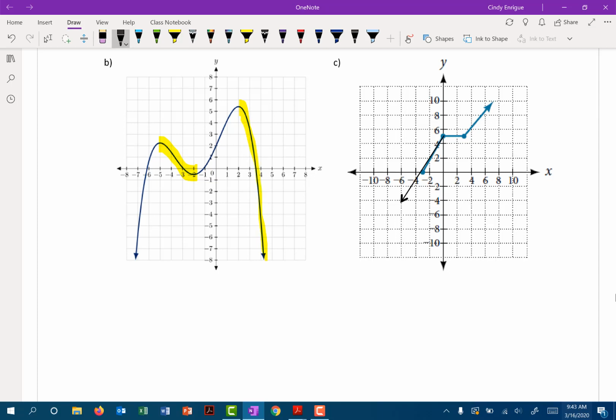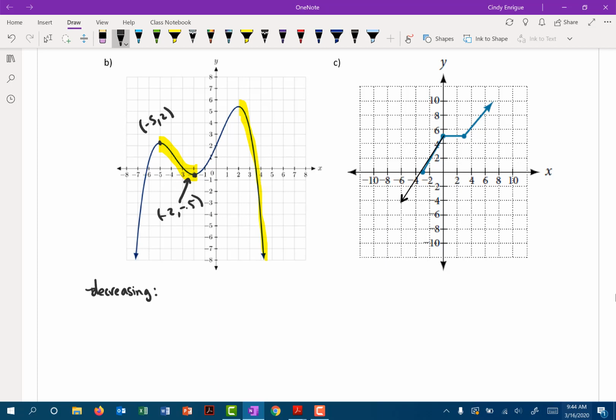So I want to represent those intervals. So it's going to be decreasing on those intervals. This point is going to be -5, 2. This point right in there is a -2, like a -0.5.